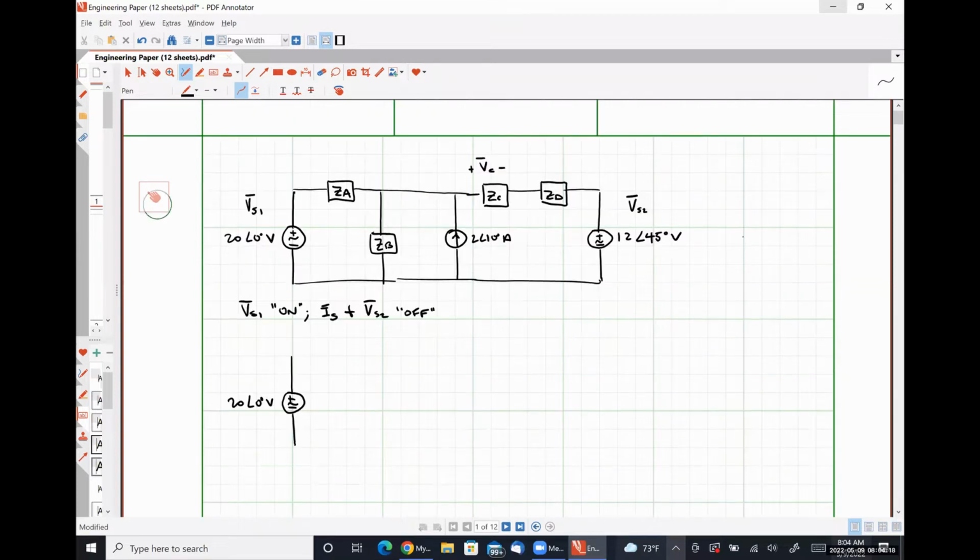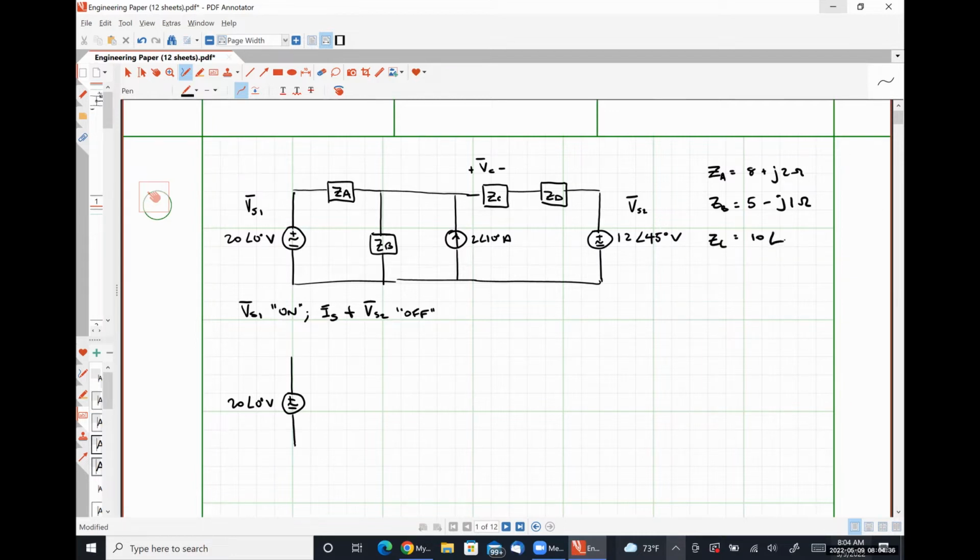Oh, sorry. I need to give us numbers for ZA, B, C, and D as well. So let's just call this 8 plus J2, 5 minus J1, 10 angle 70 degrees, and 4 angle negative 50 degrees.